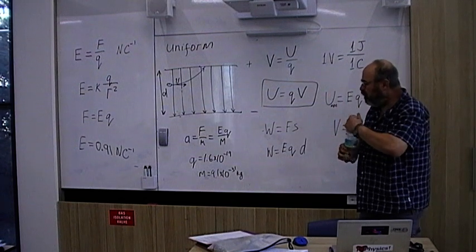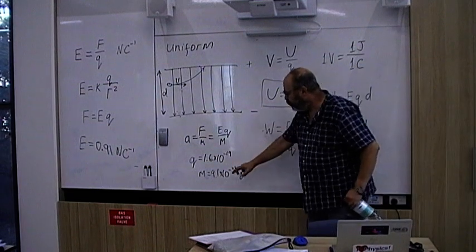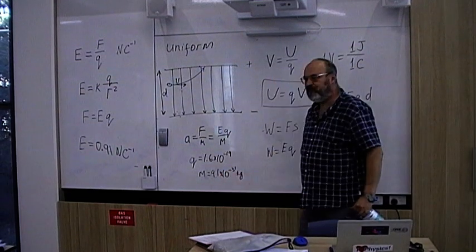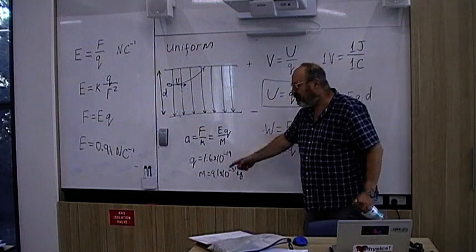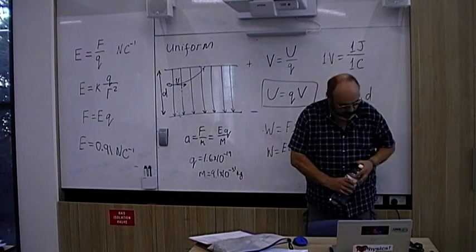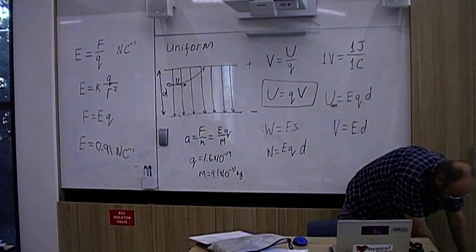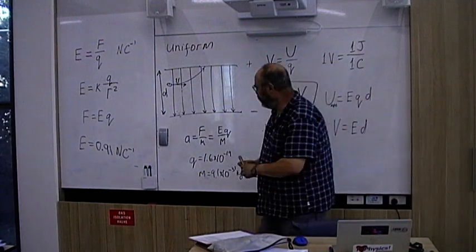We have E equals 0.91, divide by 9.1. 9 and 1 cancel out, so what will be left? 1.6 times 10 to the... I may have done that wrong.